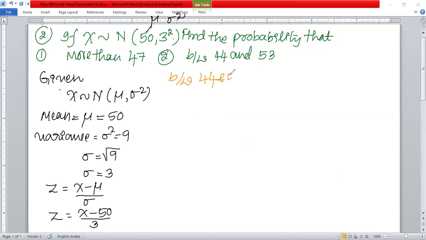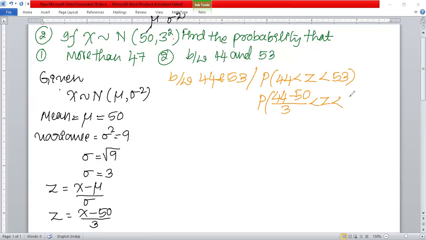44 and 53. So we are able to write probability 44 less than x less than 53. Instead of x, we need to substitute 44 minus 50 divided by 3 less than z less than 53 minus 50 divided by 3.